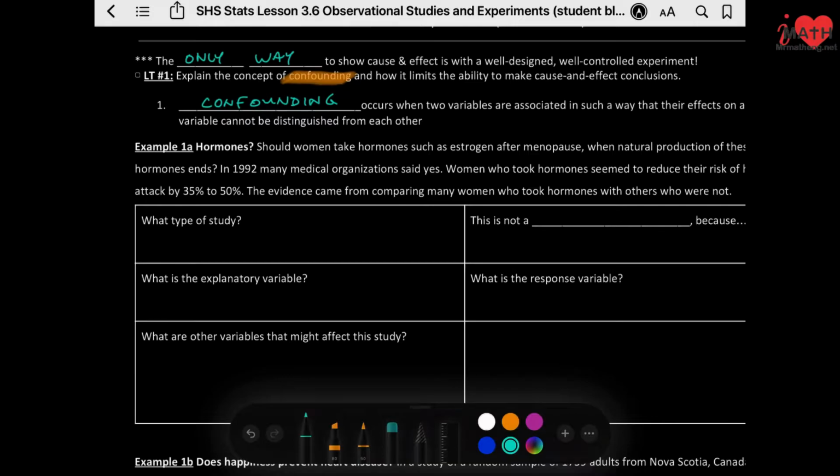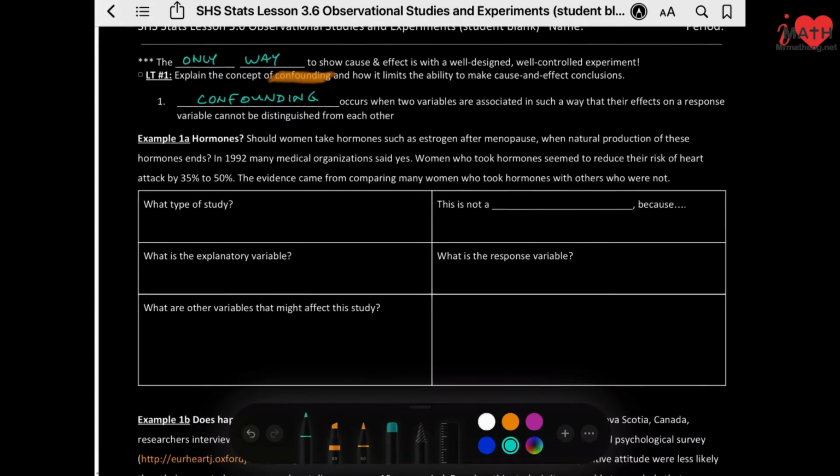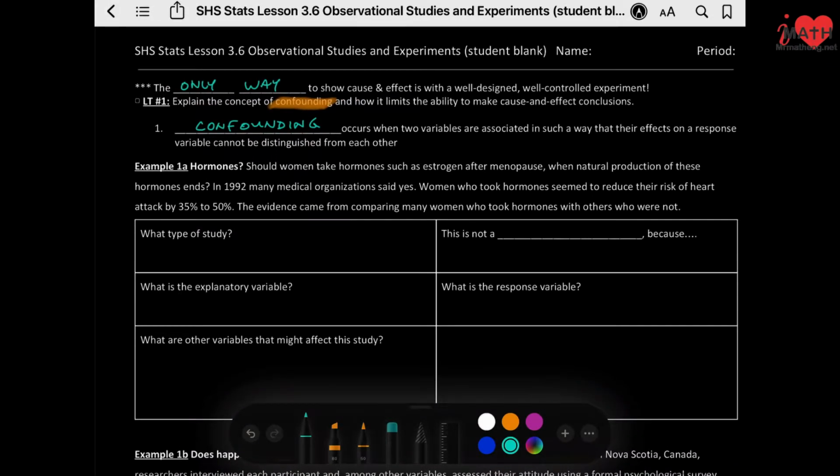Example 1a. Should women take hormones such as estrogen after menopause, when natural production of these hormones ends? In 1992, many medical organizations said yes. Women who took hormones seemed to reduce their risk of heart attack by 35 to 50%. The evidence came from comparing many women who took hormones with others who were not.